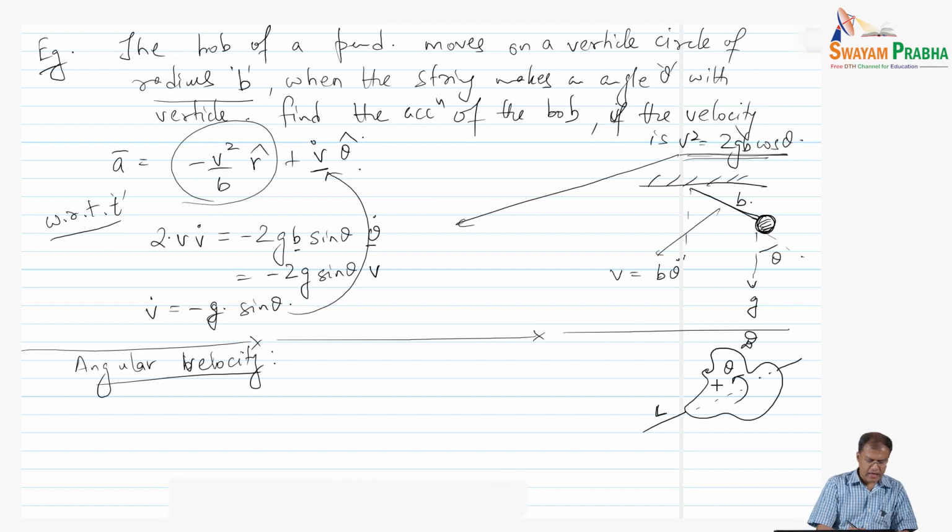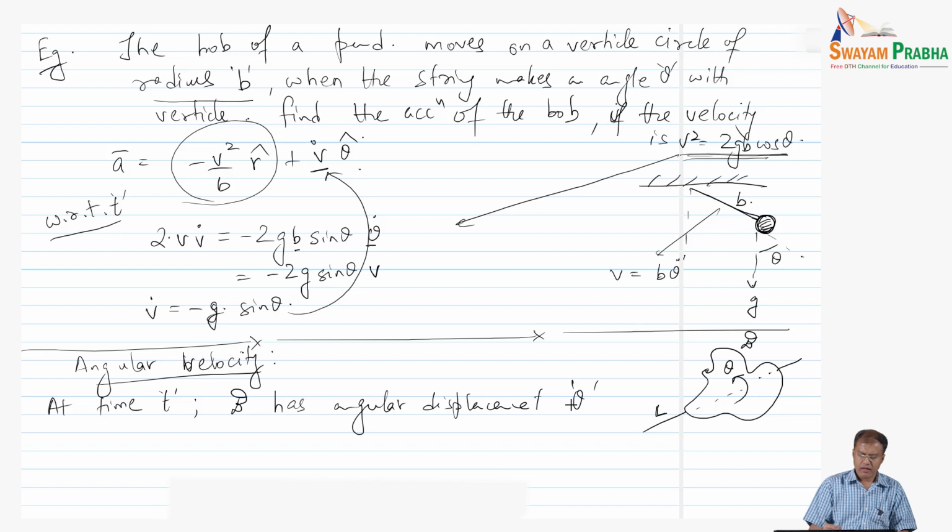So we see that at time t, my body B has angular displacement theta, right? So at any given time t, the body must have rotated by an angle theta along our given axis L. So I can associate theta to be the rotational displacement.